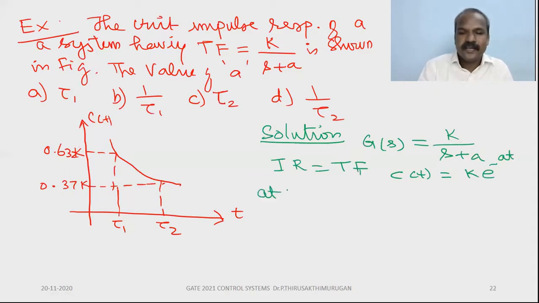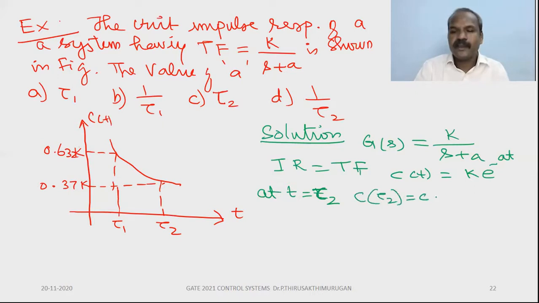At t equal to tau 2, you substitute tau 2 wherever t is, so c of tau 2 equals 0.37 times k.